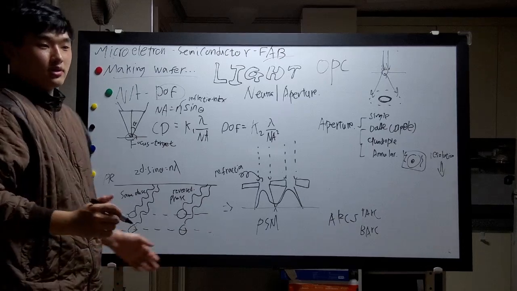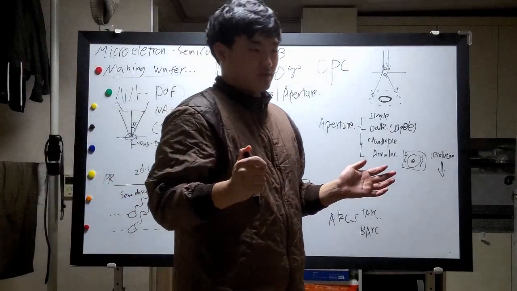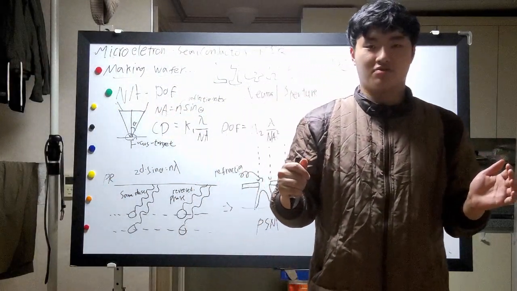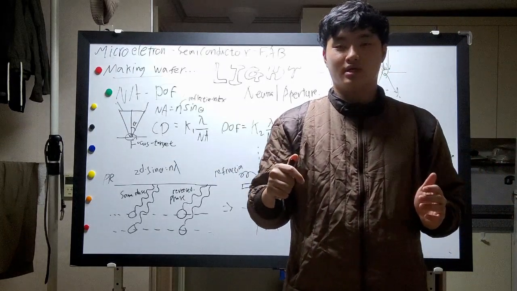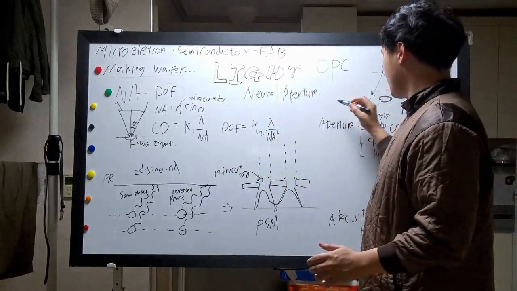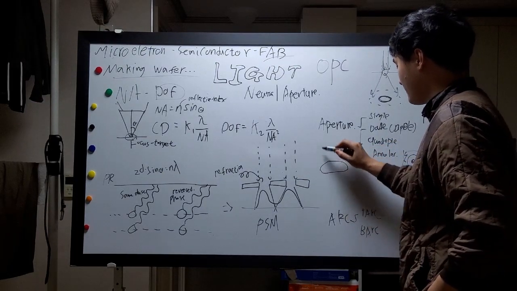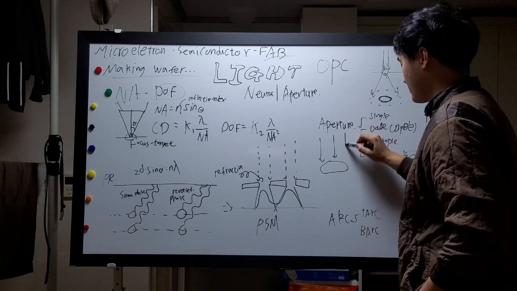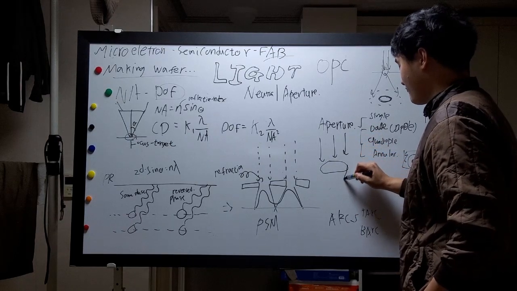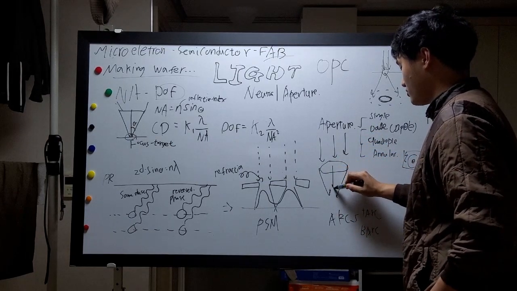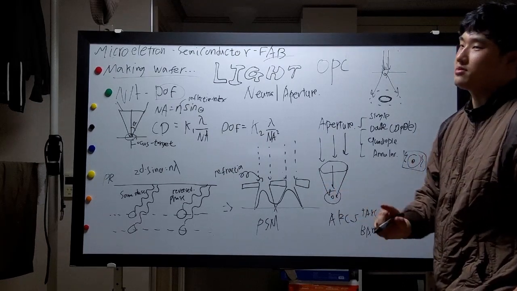So when the light comes out of the lens, it will have some angles. Taking an example like this, the lens, the light will be refracted and will get to a focus area like this one.